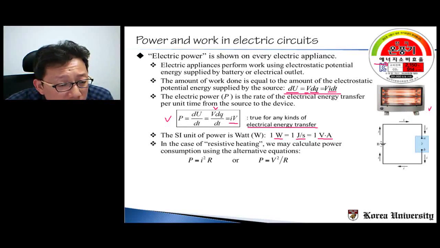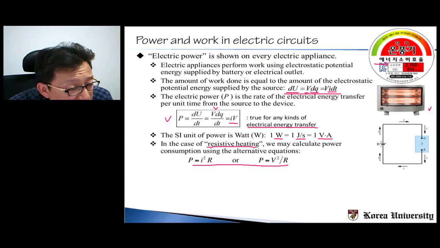One important thing to mention. In the case of resistive heating, we may calculate power consumption using alternative equations like these two here. And how did we get this? Remember from Ohm's law, V equals IR, right?